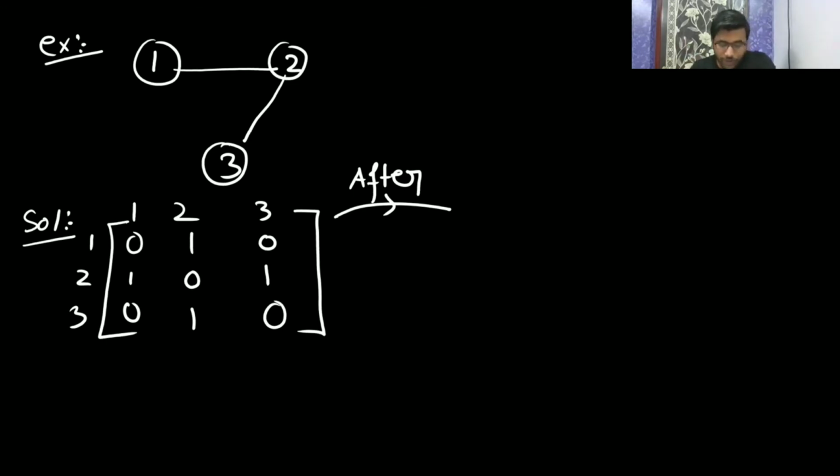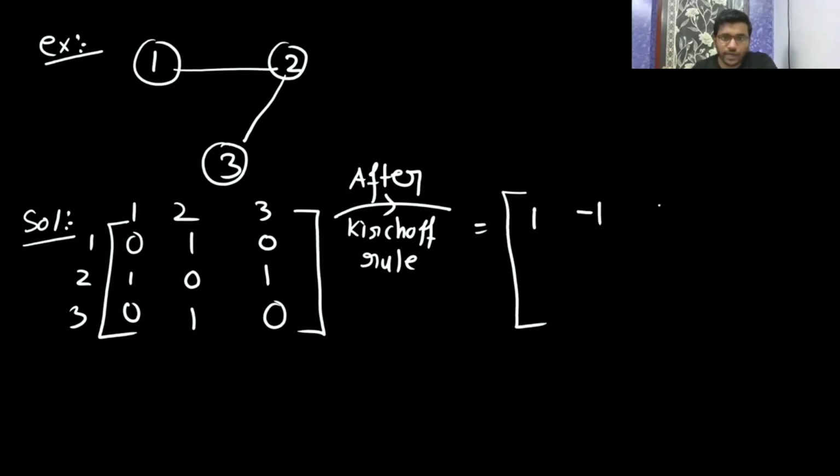Okay, so after Kirchhoff's rule, vertex 1 has degree 1, here minus 1, here 0. For 2, here it's minus 1, degree 2, minus 1. For 0, minus 1, and 3 has degree 1.